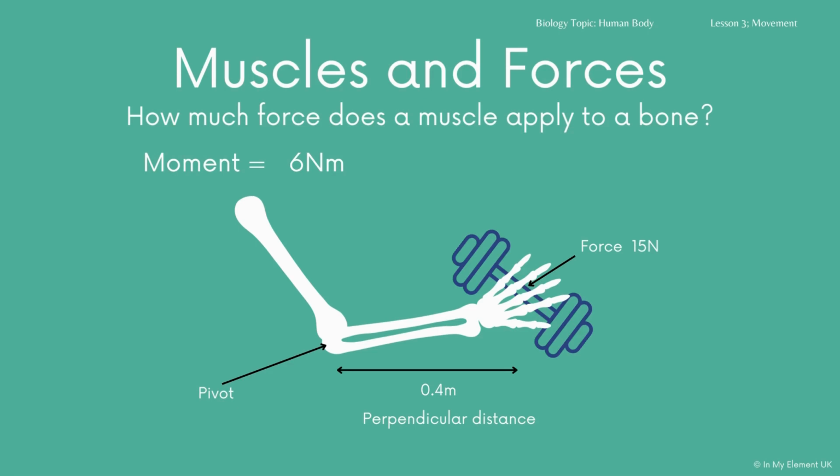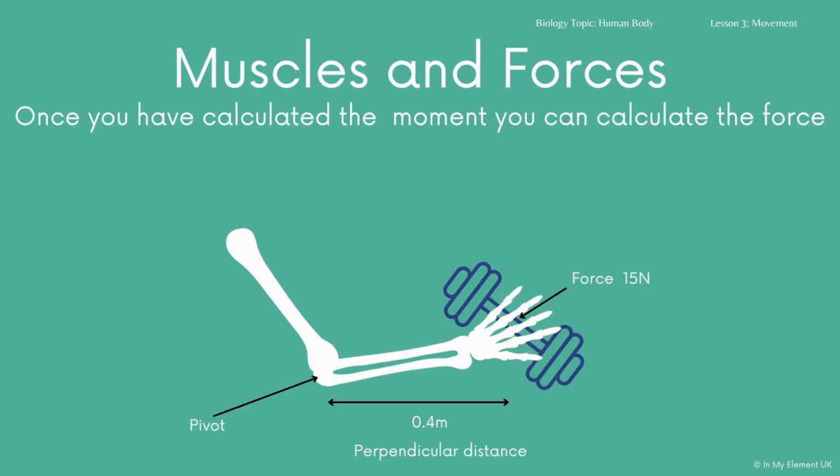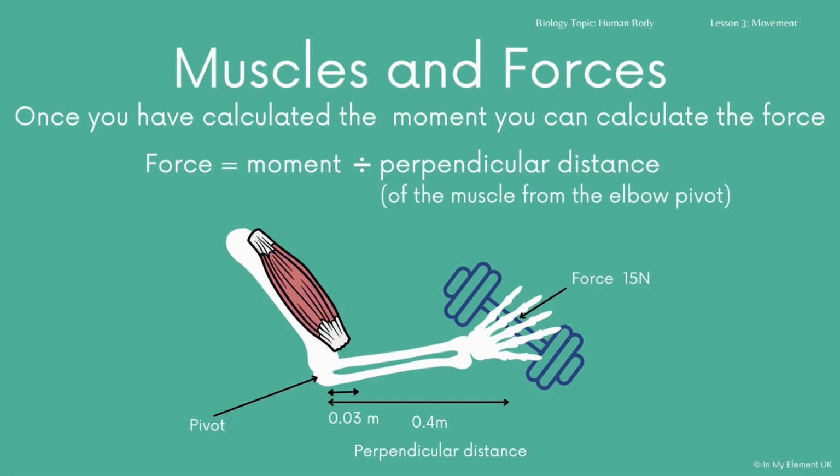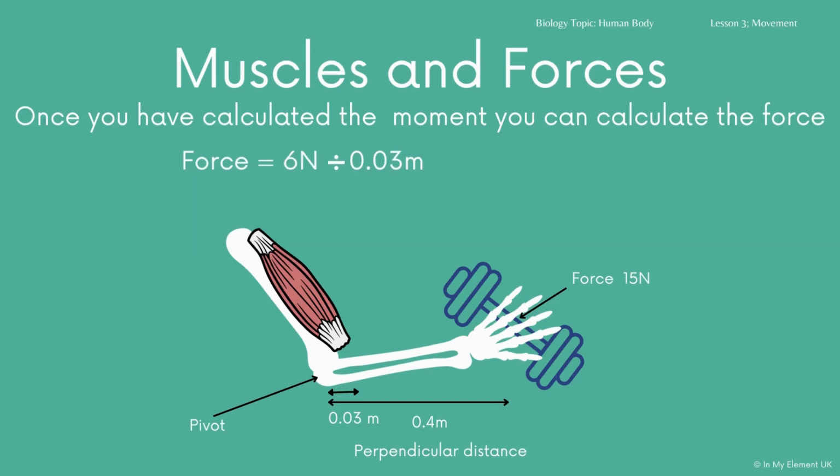So there's the moment. Now, once you've got the moment calculated, you need to work out the force applied. To do that, you have the moment divided by the perpendicular distance of the muscle from the elbow joint. That perpendicular distance is the distance between the muscle and the joint.